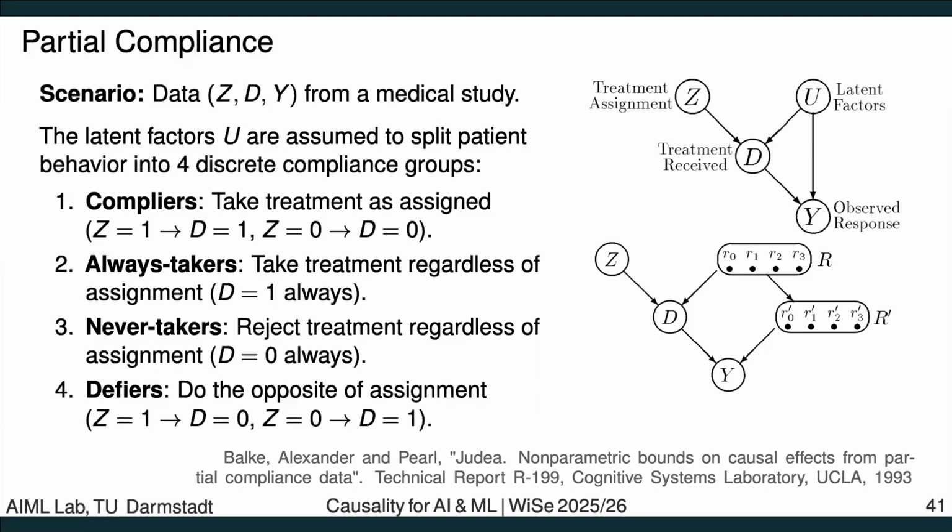So they don't care about their assignment. They just always take the treatment or not. And we have defiers, which for some reason do the exact opposite of what the doctors tell them. So these are basically all the ways a patient could respond to treatment in this scenario. And it basically discretizes our latent space.